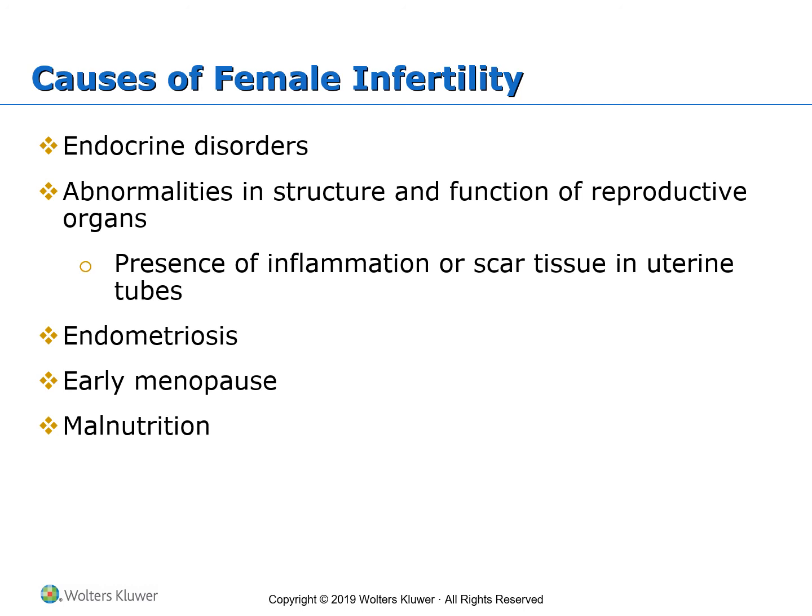We can try to diagnose if there is a blockage for the ovum transit from the fallopian tubes to the uterus, or any kind of blockage that will not allow the sperm to access the ovum at the level of the cervix, let's say. We'll also try to exclude endometriosis or early menopause or any cases of malnutrition.